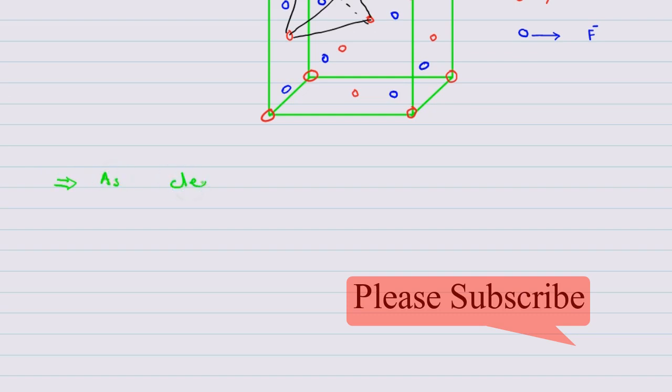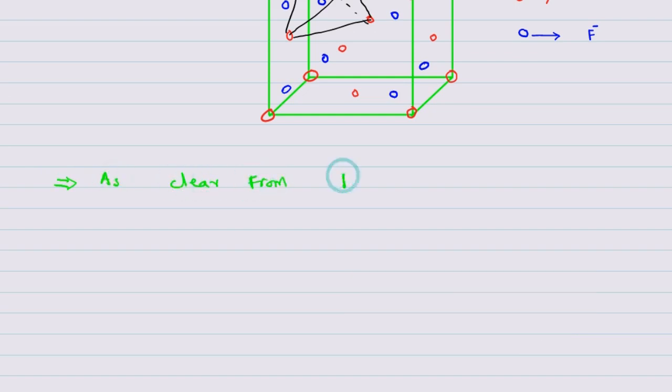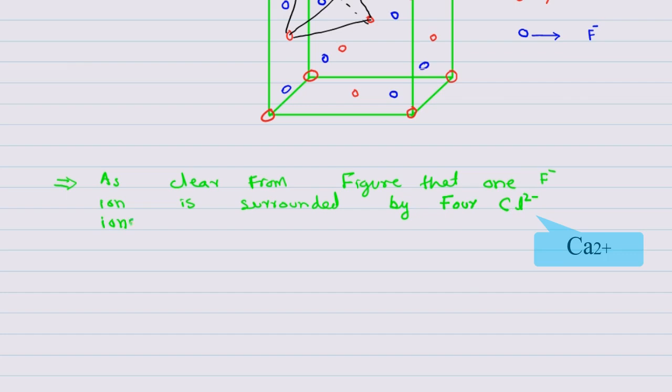So as clear from figure that one fluoride ion is surrounded by 4 calcium ions.